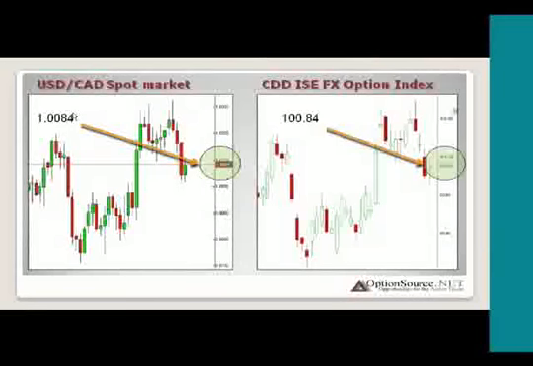At the same time, in the ISE FX option pair value quote, we were at 100.84. So I managed to snap these screenshots very, very close to one another. You can see that both the patterns are almost identical. The only difference, of course, is the way that the pair value is being quoted.